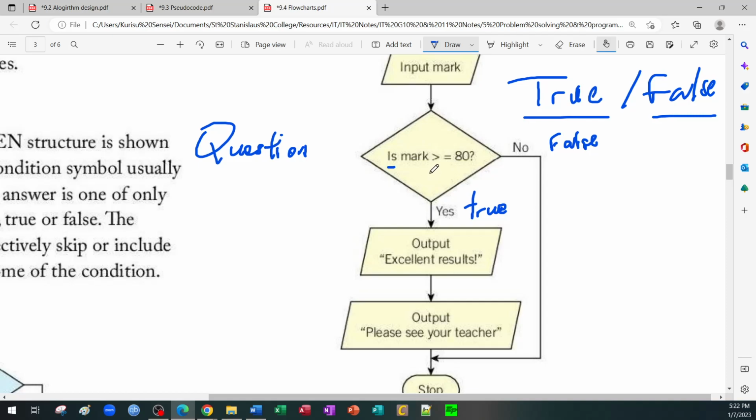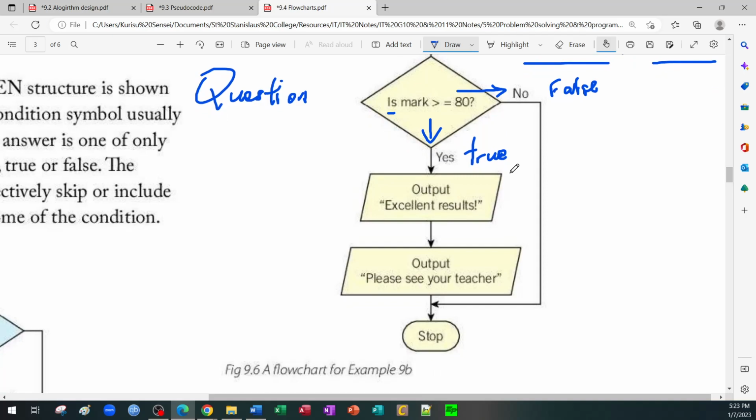Then we simply head in the true direction if it is, and if it is false, we head in the no direction. And that's how we take different paths in our flowchart depending on the condition of our question.